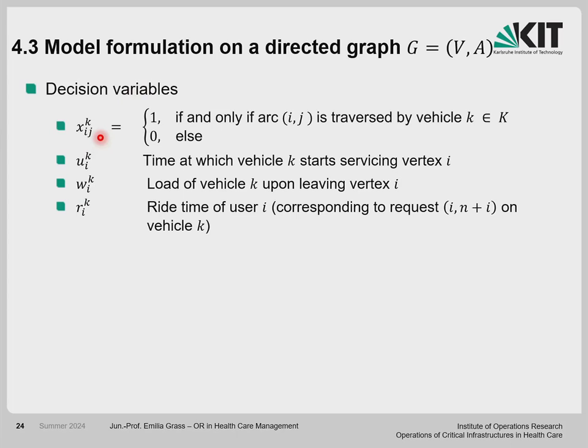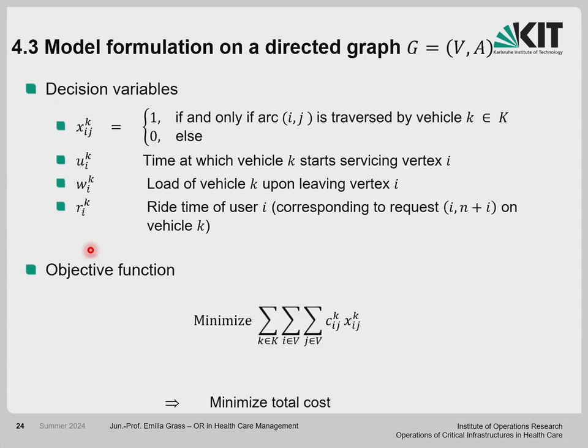Then this is the time at which vehicle k starts serving vertex i, so the time when the vehicle is leaving node 2 at 8:15, for instance. This is u. w is the load, the number of patients you have in your vehicle, and r is the ride time of user i, so how long the patient is spending inside the vehicle. And our objective function is then to minimize the total costs.